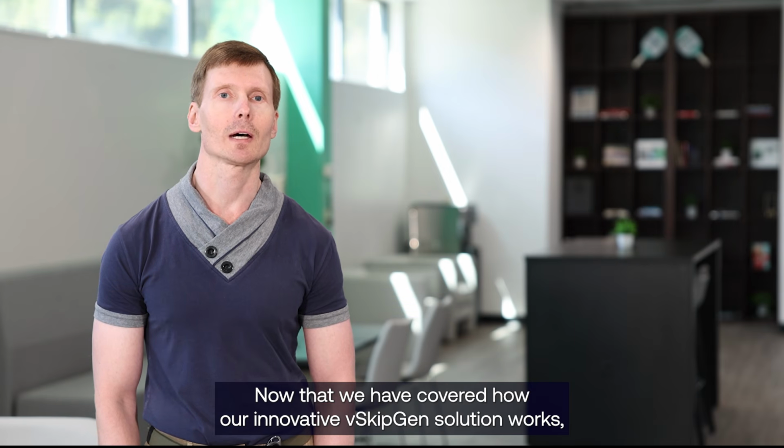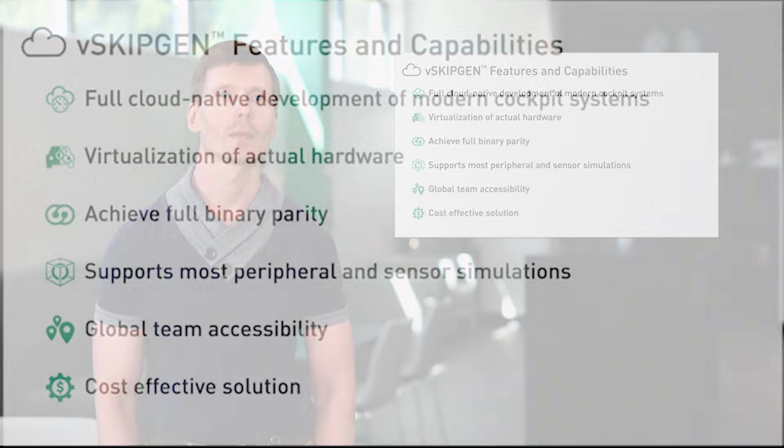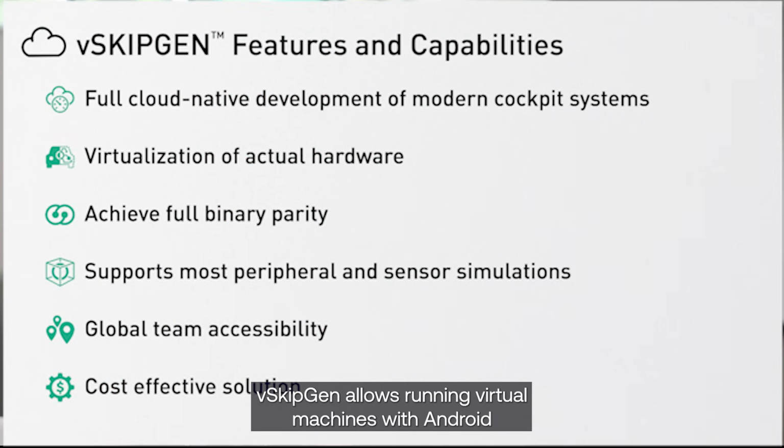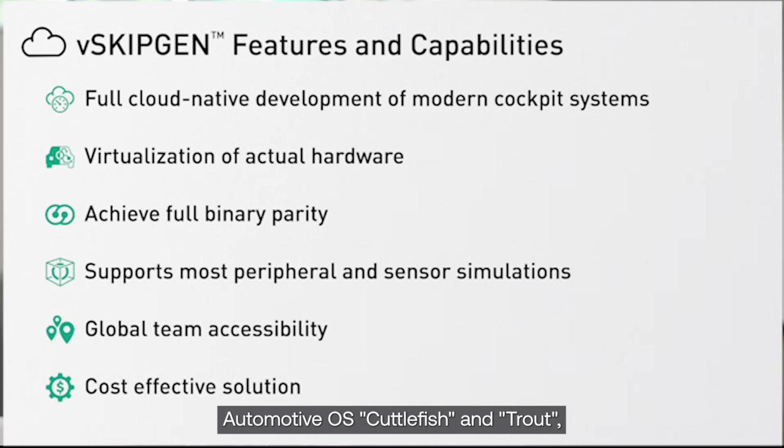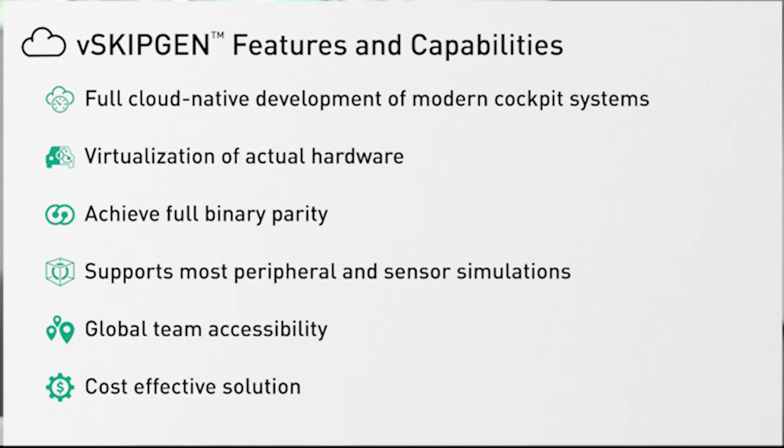Now that we have covered how our innovative vSkipGen solution works, I'd like to highlight its unique features and capabilities. vSkipGen allows running multiple virtual machines with the Android Automotive operating system, Cuttlefish throughout version 13 and later, and Linux-based systems such as Yocto Linux builds, or the recent versions of automotive-grade Linux, AGL.